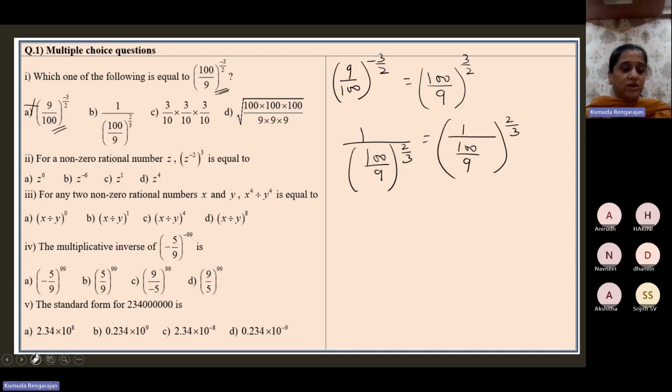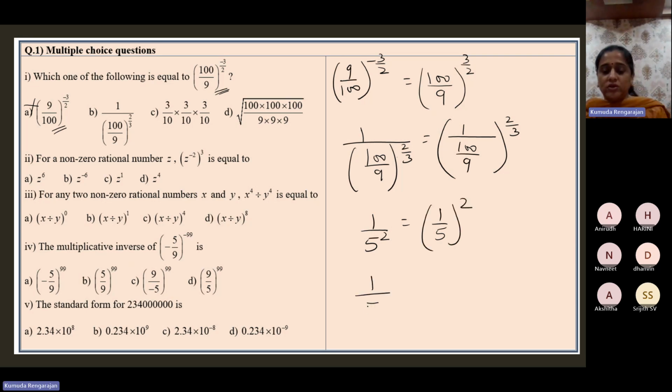The second option can also be written as 1 by, see, like if you have 1 by 5 square, you can write it as 1 by 5, the whole square. If you have 1 by 5 to the power 2 by 3, you can write it as 1 by 5, the whole power 2 by 3. But supposing you have 2 by 5 square, you cannot write that as 2 by 5 the whole square.